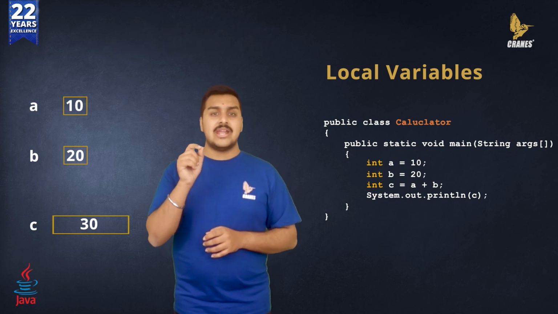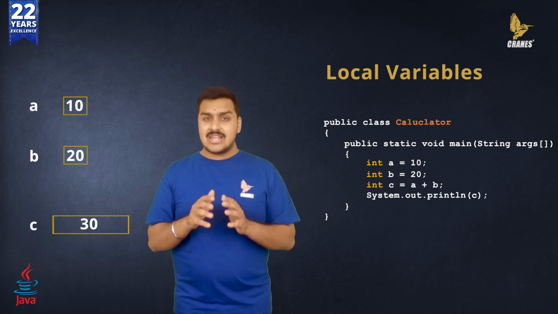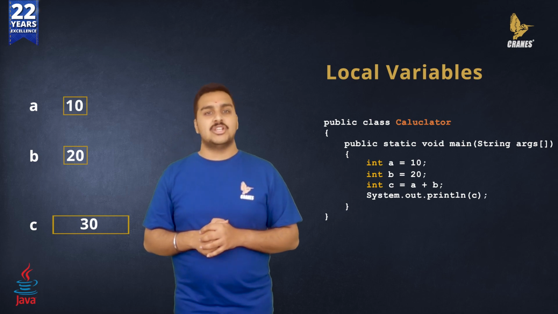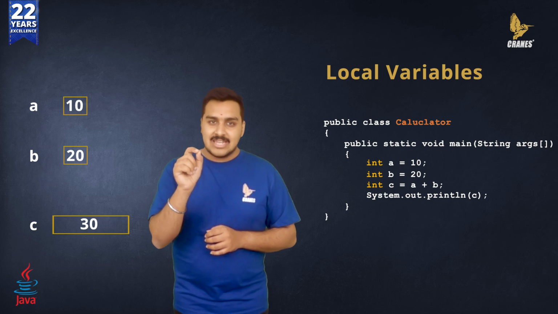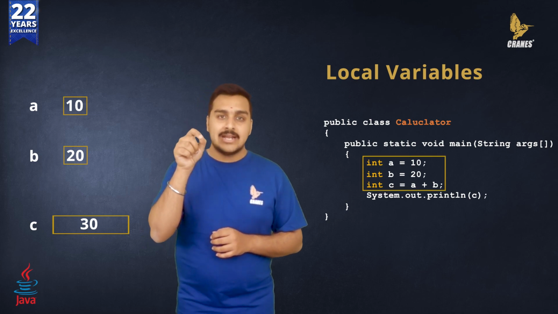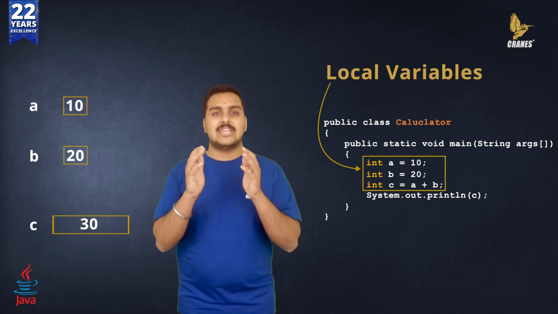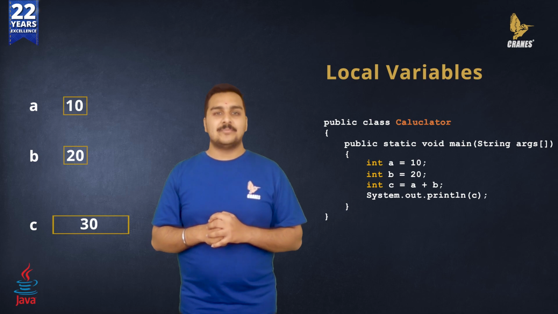Now, since I am creating three variables A, B and C here, where are A, B and C present? They are present inside your function. Which function? The main function. Any variable which is present inside a function, what do we call it? We call it a local variable. It is going to be local to that particular function.